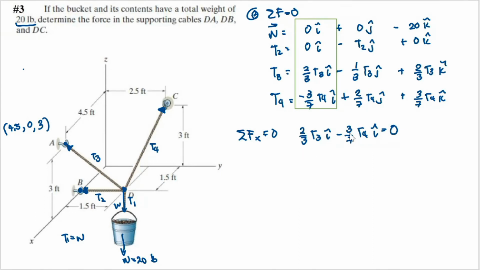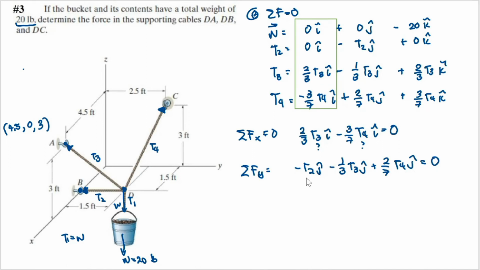Now, here, kung i-analyze natin, hindi natin alam si T3, hindi natin alam si T4. So, dalawa ang unknown, wala tayong masosolve. Now, for the summation of forces along Y, tatlo sila. Definitely, meron siyang negative T2 j hat, negative 1/3 T3 j hat, plus 2/7 T4 j hat is equal to 0.